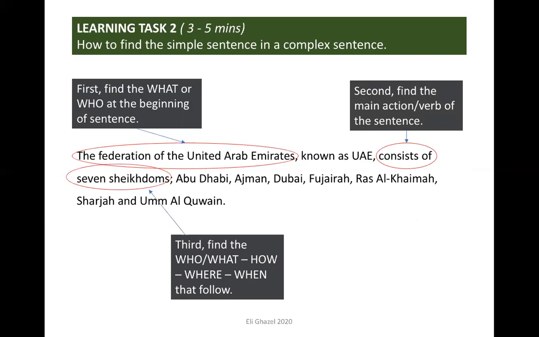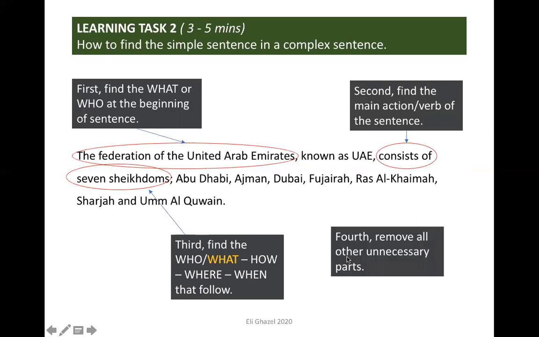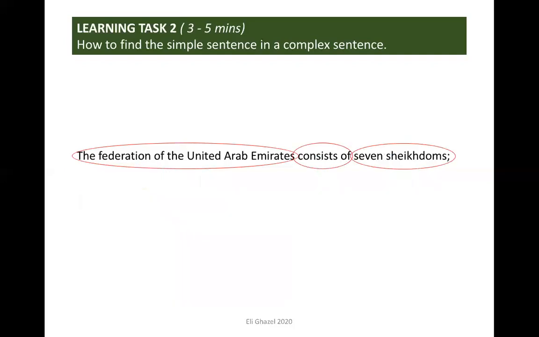These are the 7 sheikdoms. So what are we doing? 7 sheikdoms is the what, not the who, so that we know that. The rest, what do we do? We remove all the unnecessary parts, like this. And what do we get? We get the simple sentence: The Federation of the United Arab Emirates consists of 7 sheikdoms.